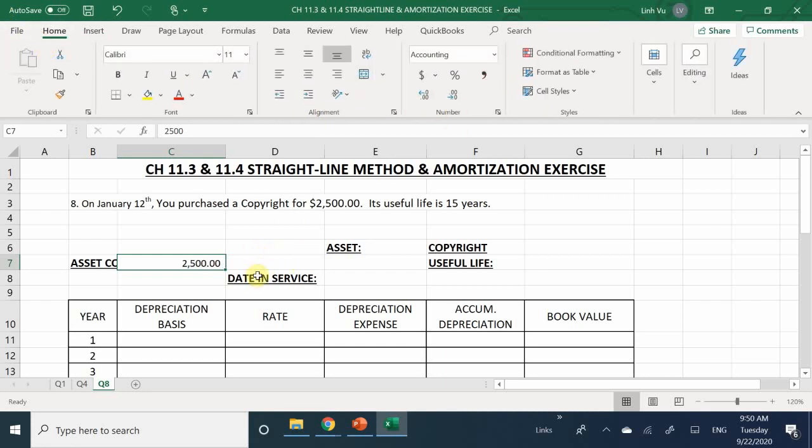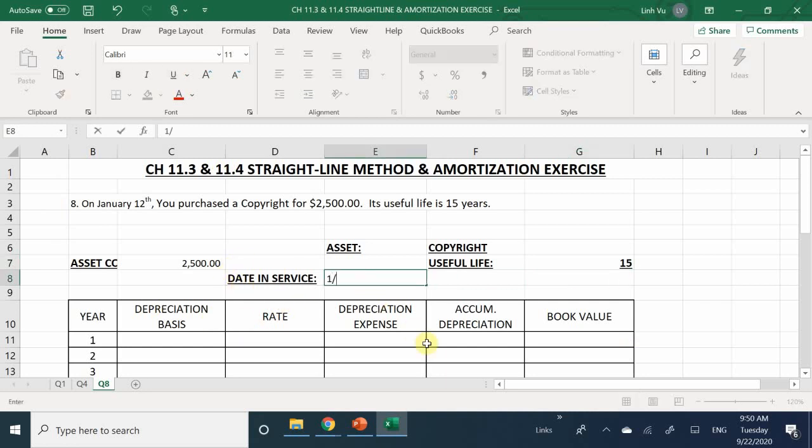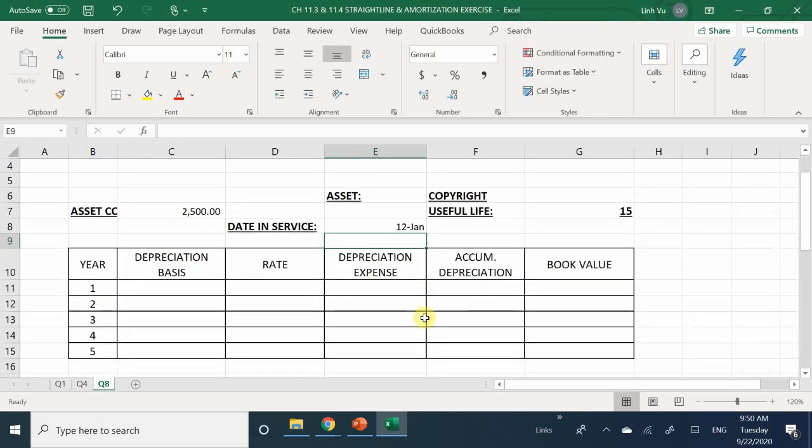Of course, there's no salvage value, but what is my useful life? 15 years. And then the date that I placed into service, January 12th. So what does that tell you? Calculated on the whole month, basically, of January.